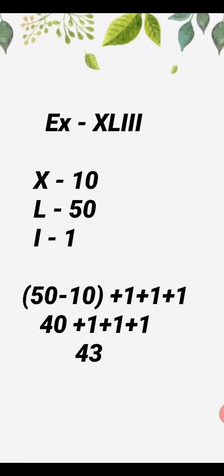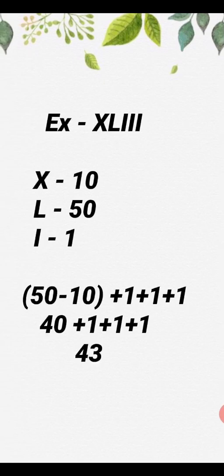X is smaller than L, so here the smaller numeral is X and the greater numeral is L. L is 50 and X is 10. So we have to subtract this 10 from this 50.